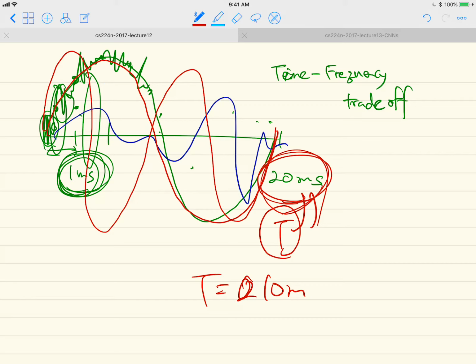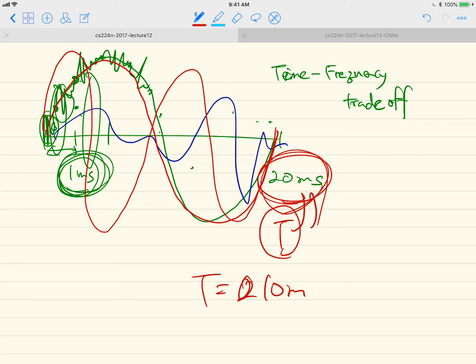But what is the trade-off in this case? Given the same total length of the signal, our time unit got longer, and thus the total number of time units is smaller.